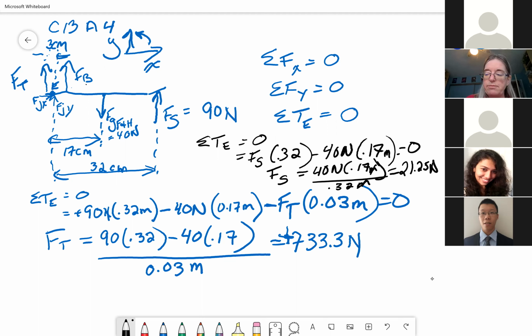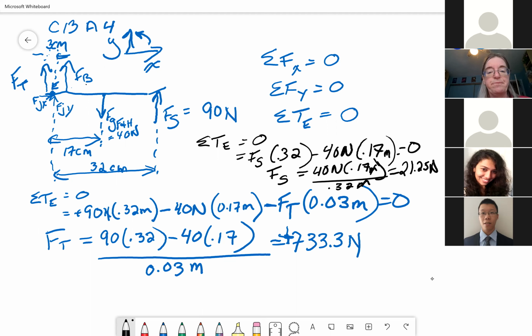I literally am holding my hand so that it's in contact with the scale, but I'm not putting the full weight of it down onto it. So if it's less than 21.25 newtons, the biceps would be active. If it's greater than 21.25 newtons, then I'm actively pushing down on the scale more than just gravity.